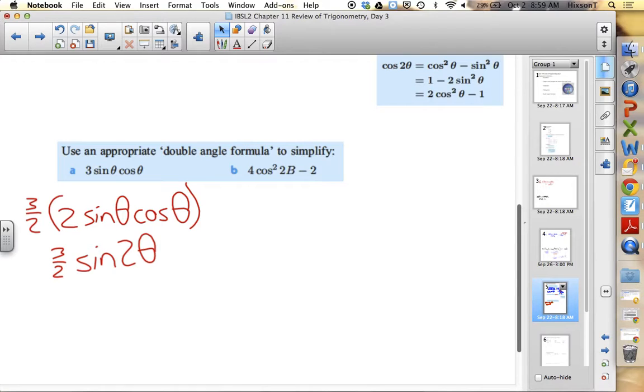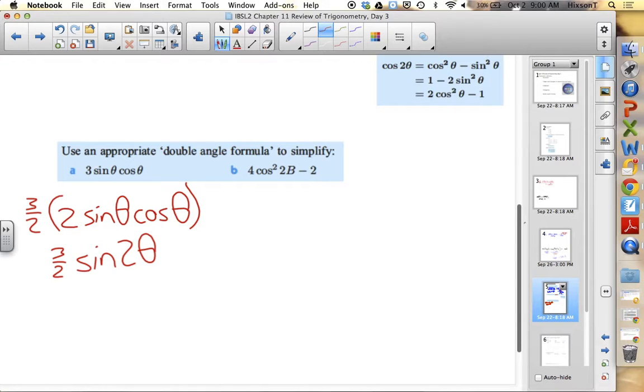We see a cosine of 2b here, cosine squared of 2b. A difference of two squares, so you could do like 2 cosine 2b, but then you'd have plus radical 2 and minus radical 2.